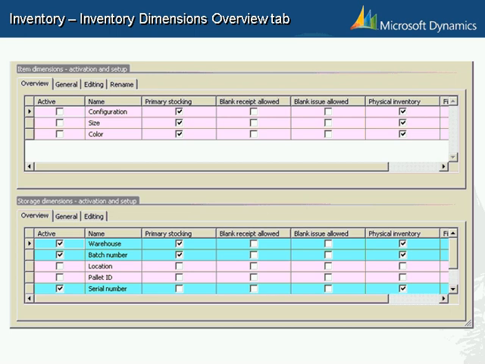You see the inventory dimension picture. At the header, you see item dimensions, and in the bottom you see storage dimensions.